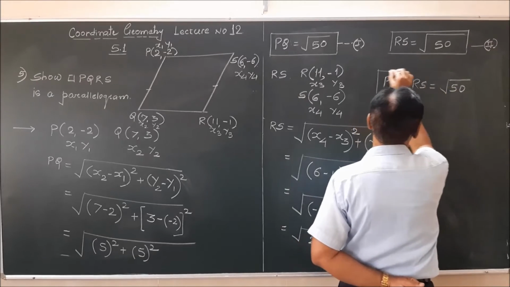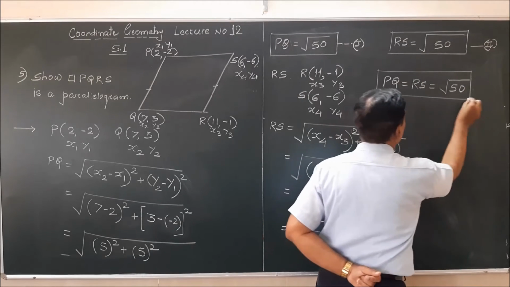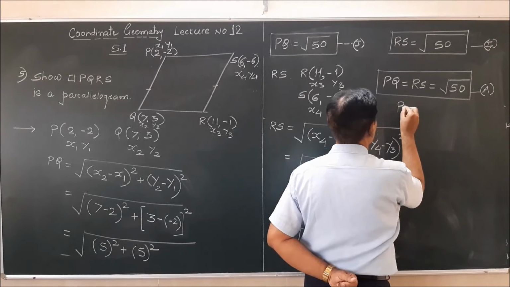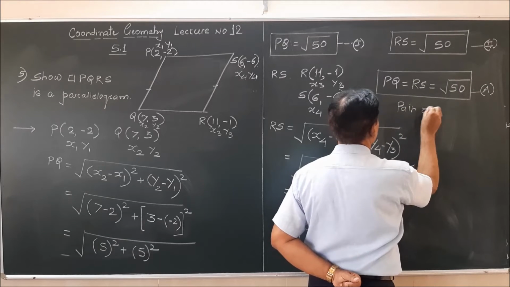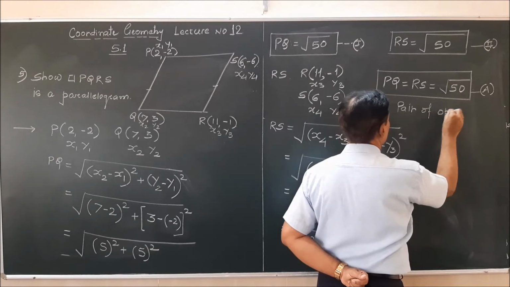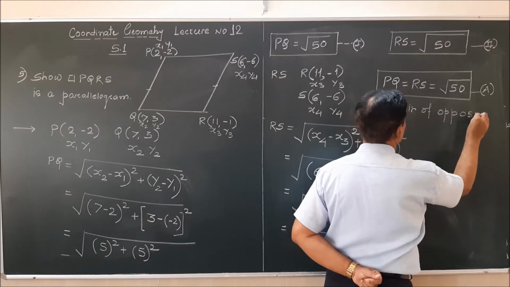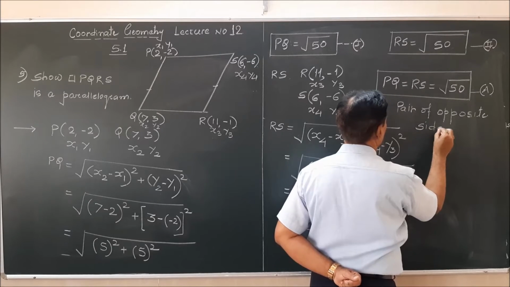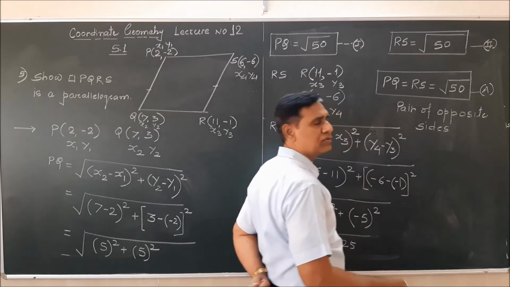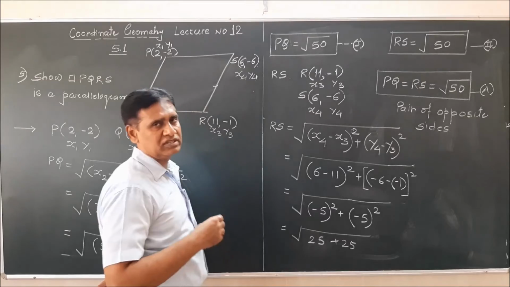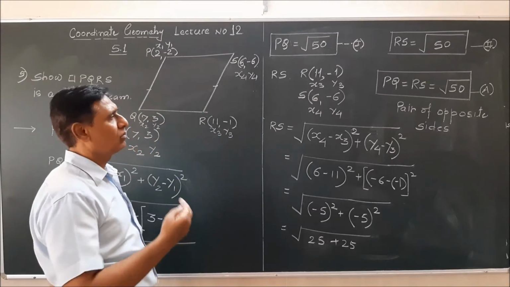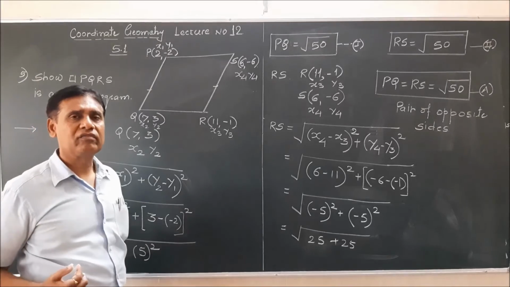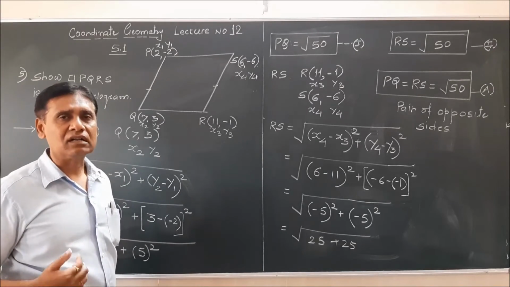This is result number 2. So this is how we prove one pair of opposite sides is congruent. Now I am going to prove the other pair of opposite sides is also congruent.